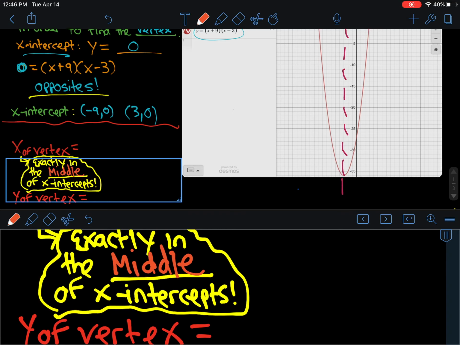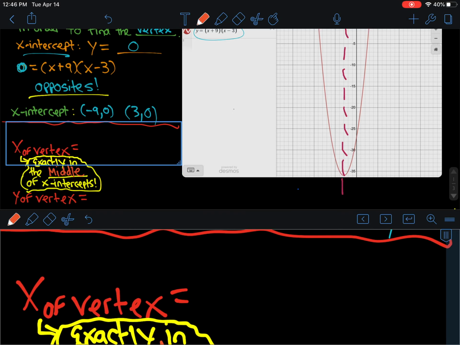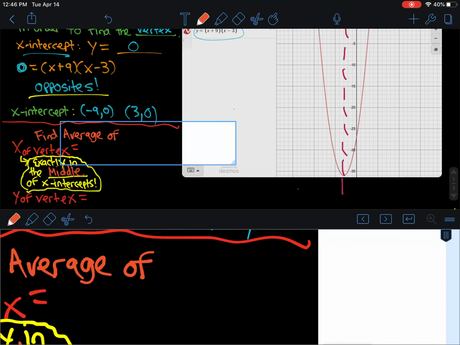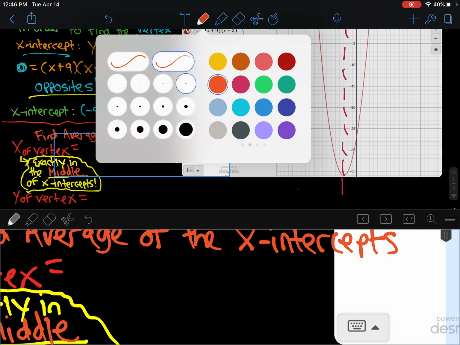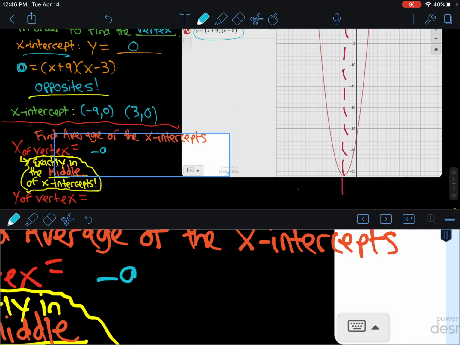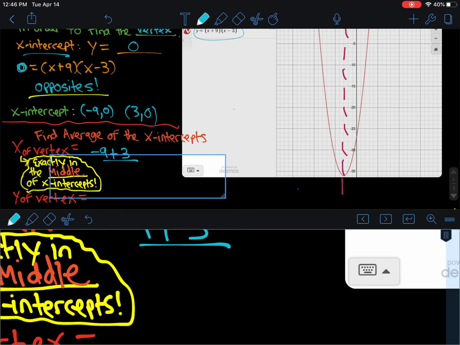Well, how do you find the middle of two numbers? You find the average of the x-intercepts. That's all you're doing. In this case, one was -9. In order to find the average of two numbers, you add them up and then you divide. What number should we divide by if we're trying to find the middle?